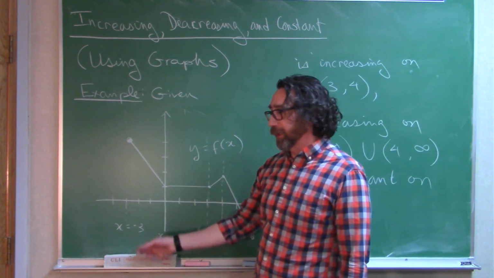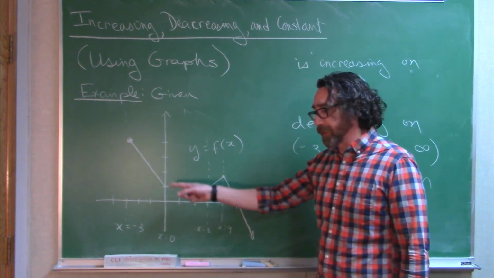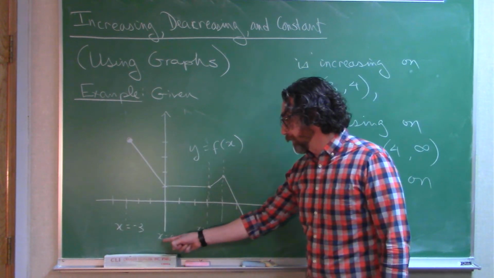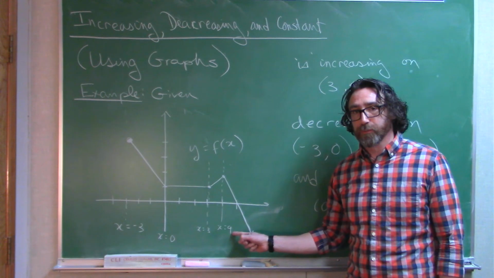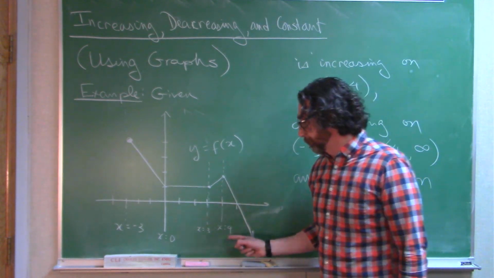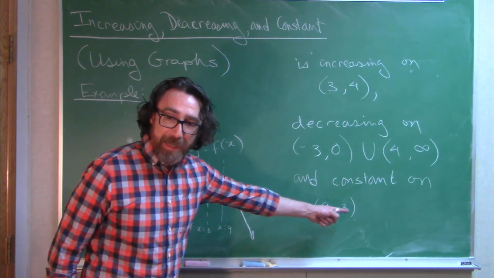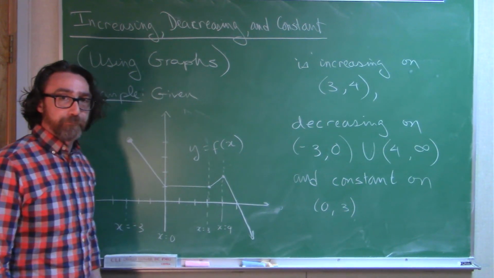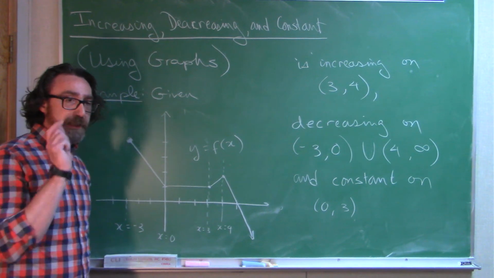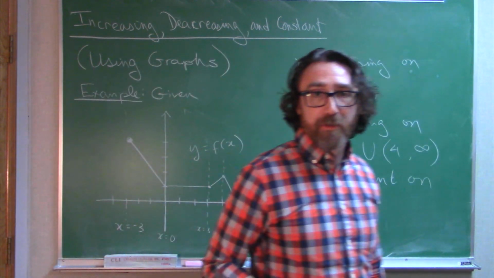I would recommend, if you've got the graph, just draw these vertical lines and indicate the equations of those vertical lines. That'll tell you what to do for the bounds on your interval notation. So, increasing, decreasing, and constant functions.